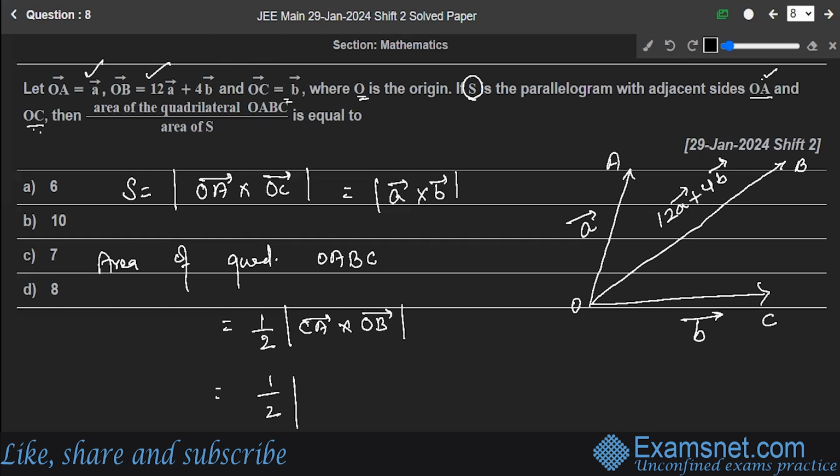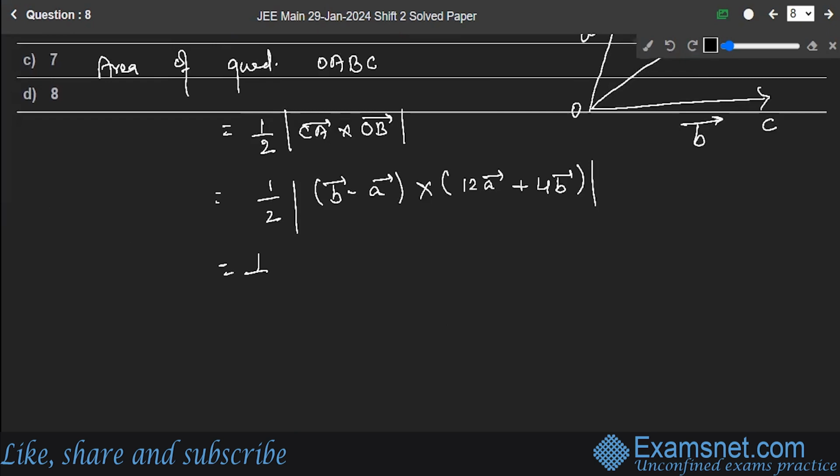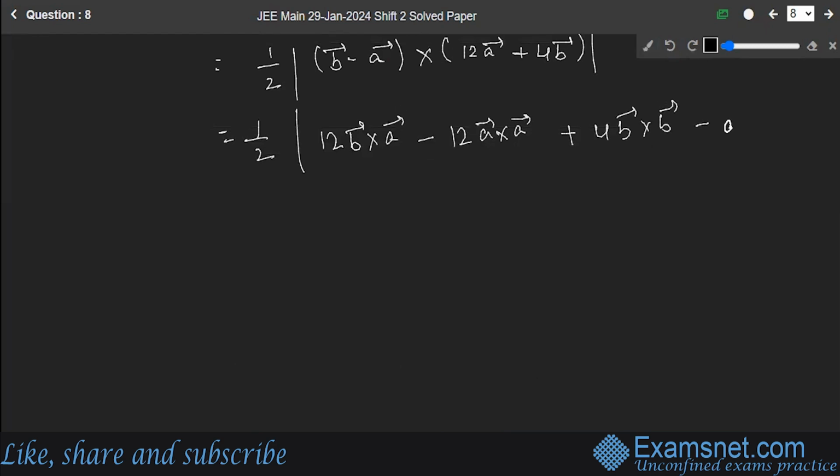So this is equal to half of B minus A cross 12A plus 4B, which is equal to half of 12B cross A minus 12A cross A, and then plus 4B cross B, and minus 4A cross B. Okay, fine.